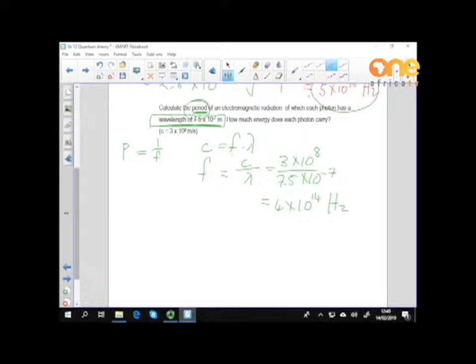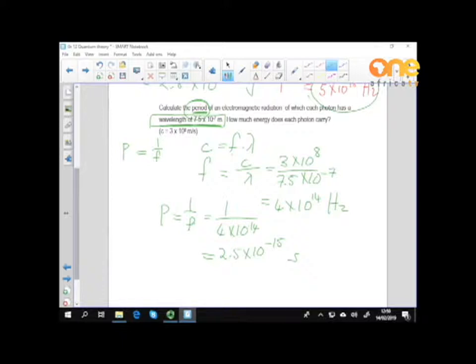So period equals 1 over frequency. So 1 over 4 times 10 to the power 14 will equal 2.5 times 10 to the power minus 15 seconds. That's the period.